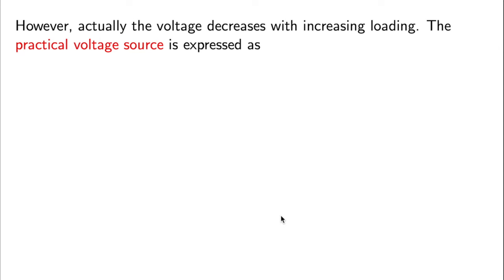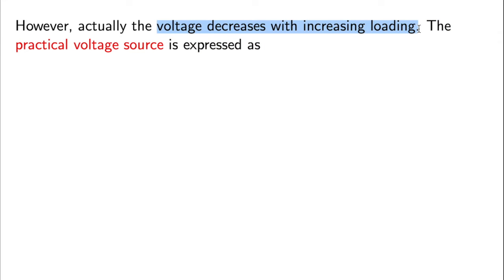Now the ideal sources are basically an oversimplification. They are not realizable in practice. In practice they are not able to maintain the ideal characteristic, and let's start with the voltage source. The voltage level decreases with the increase in the current loading.